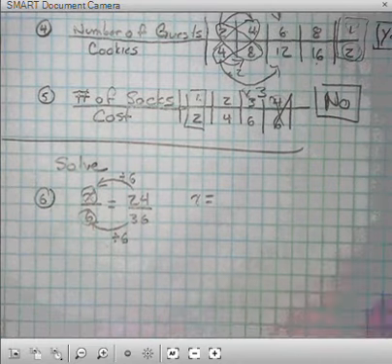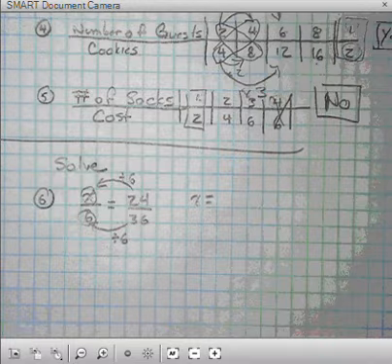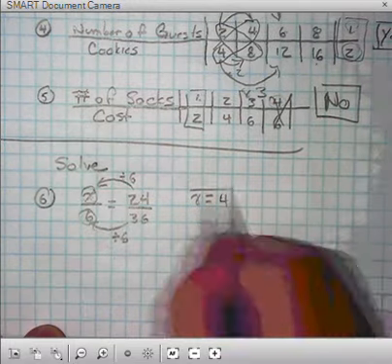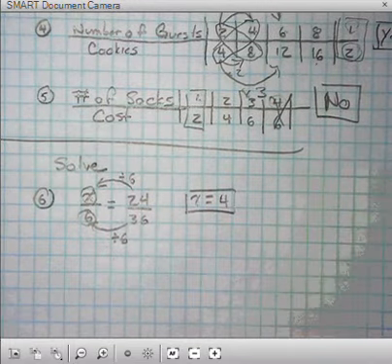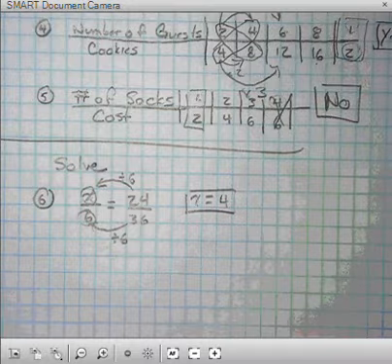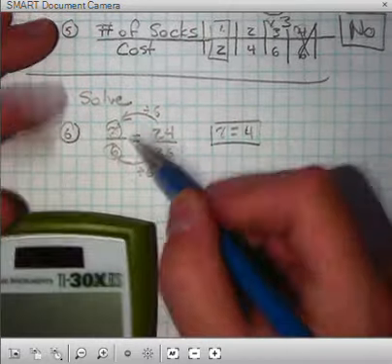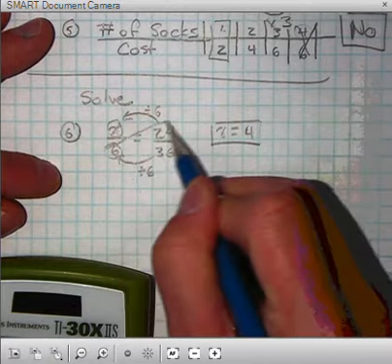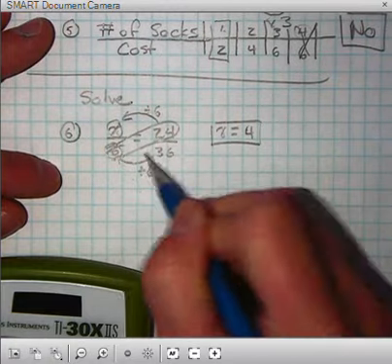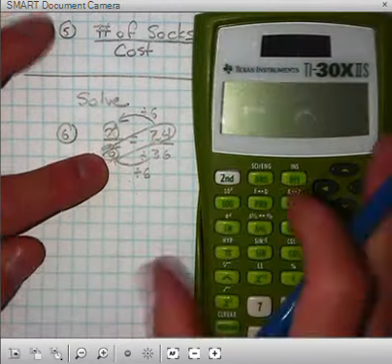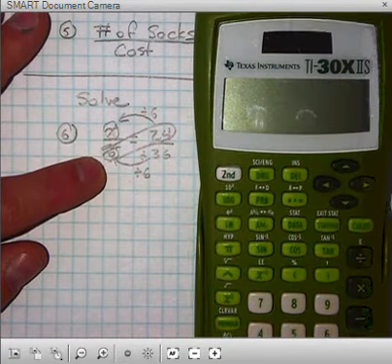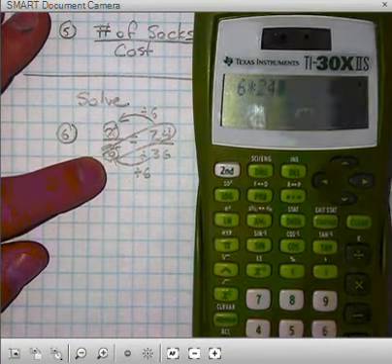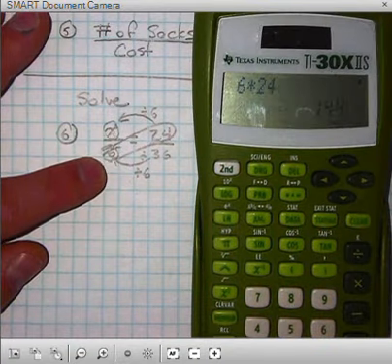So what is the value of that? 4. Very good. There is a second way to solve this. The second way to solve this, the more efficient way, is to multiply diagonally and then divide by your leftover number. So what I'm going to do is 6 times 24 gives me 144.